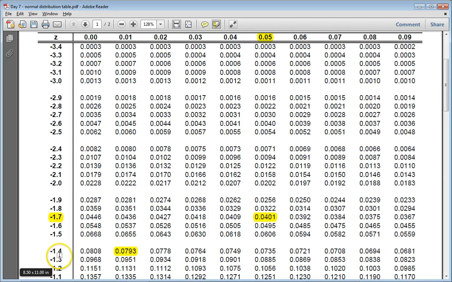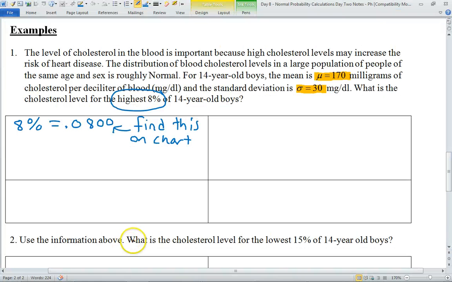Negative 1.41. That's going to be my z-score. So the z-score is negative 1.41.